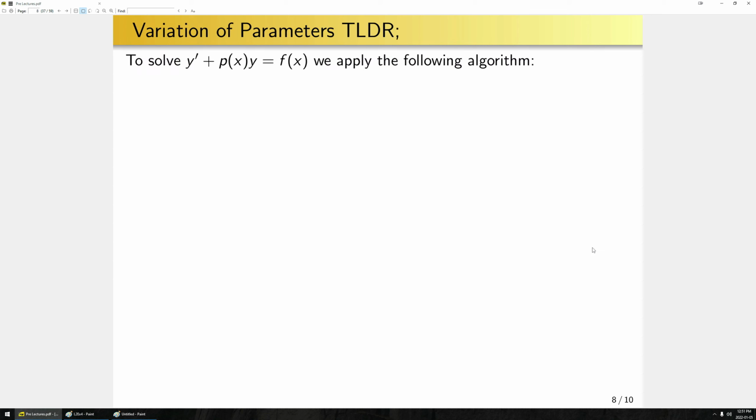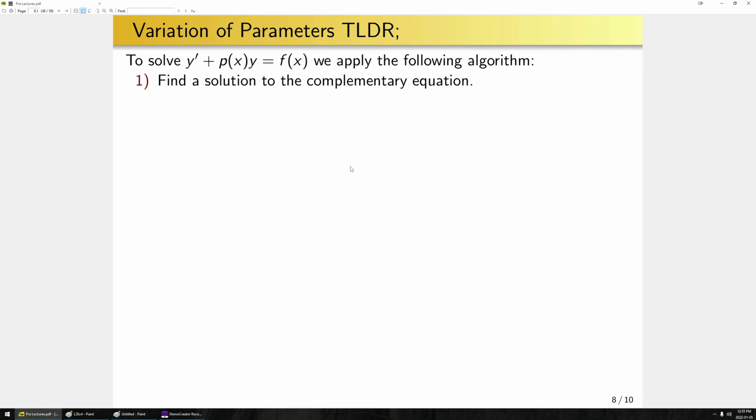Okay, so let's give a TLDR of what we've learned in this lecture. If I give you a differential equation of this form, that is a linear first order non-homogeneous differential equation, you can apply the following algorithm. The first step is to find a solution to the complementary equation.